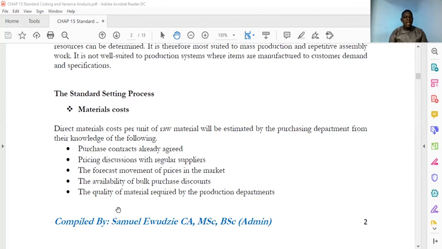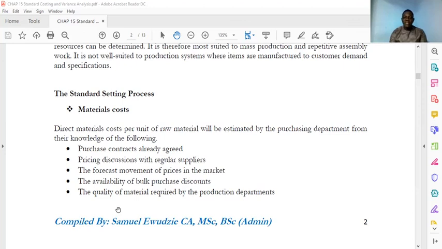So they'll look at purchase contracts already agreed, pricing discussions with regular suppliers, forecast movement of prices in the market, the availability of bulk purchase discounts, and the quality of material required by the production department. These are factors the purchasing department will consider in setting direct material cost per unit of raw materials.